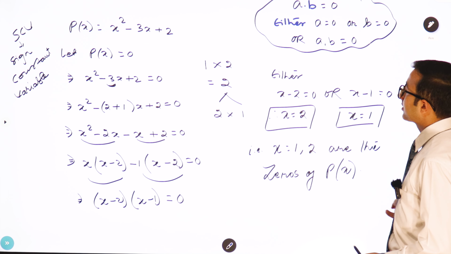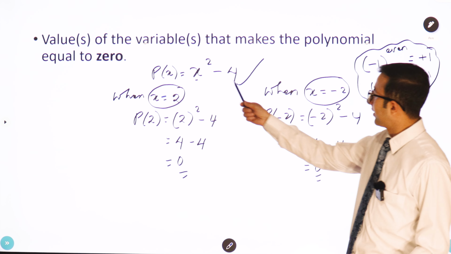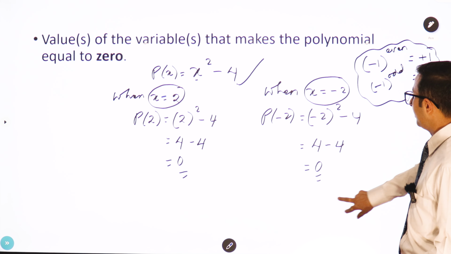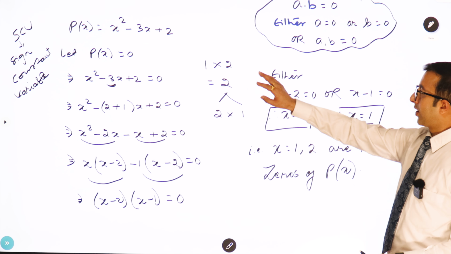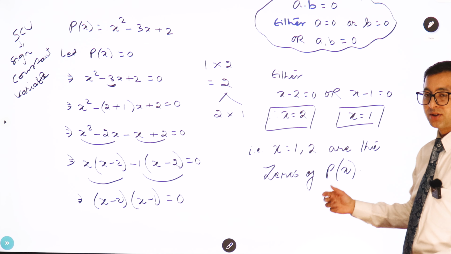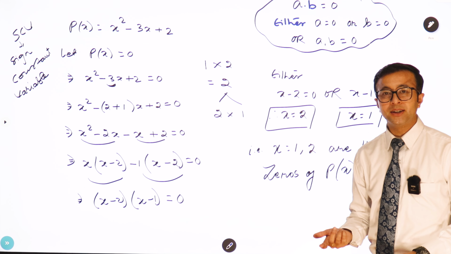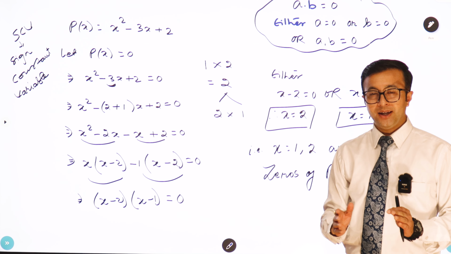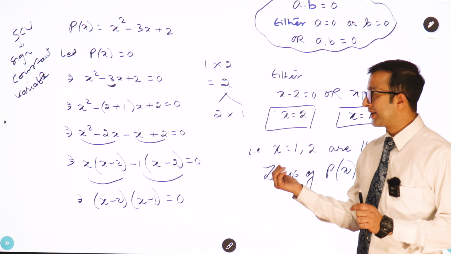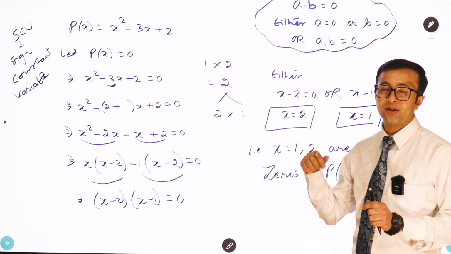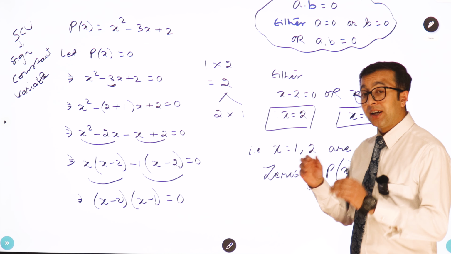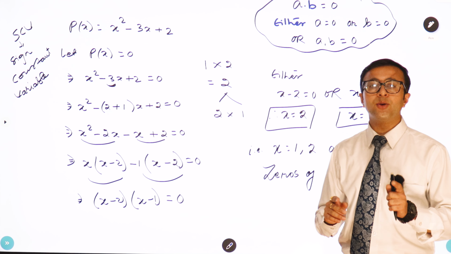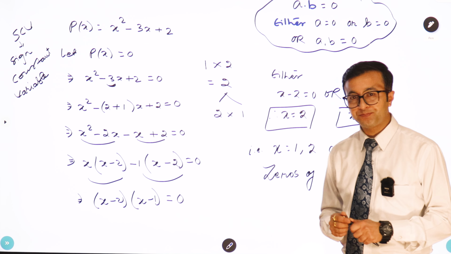Now in the previous example also we have seen that this is a quadratic polynomial having two zeros. One of the zeros is 2 and another is minus 2. Here also in this quadratic polynomial we found that the number of roots is 2. That means we can say that if a root exists, and what is the condition for the existence we will see later in the chapter of quadratic equations, then in case of a quadratic polynomial, there will be exactly two roots.